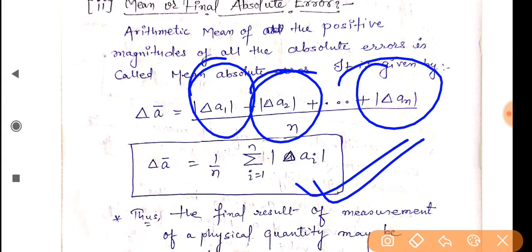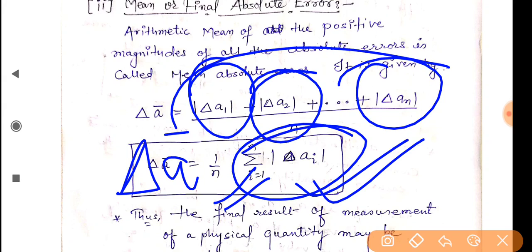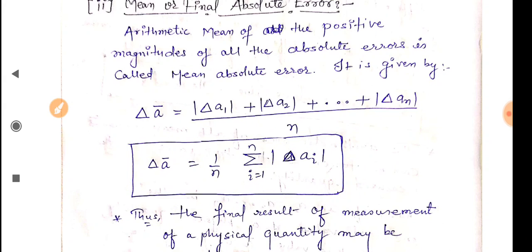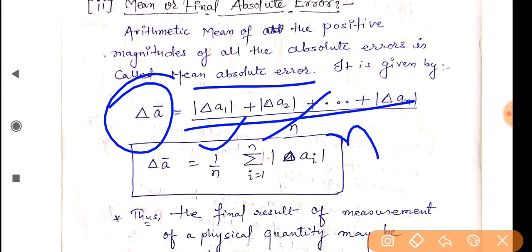So delta a bar is equal to 1 upon n times the sum of all the absolute errors. That is, delta a bar, the mean absolute error, equals mod delta a1 plus mod delta a2 plus up to mod delta an, whole divided by n, the number of observations.